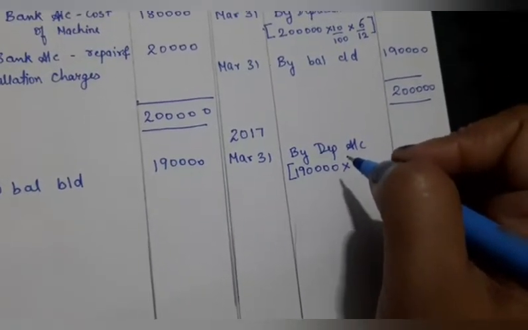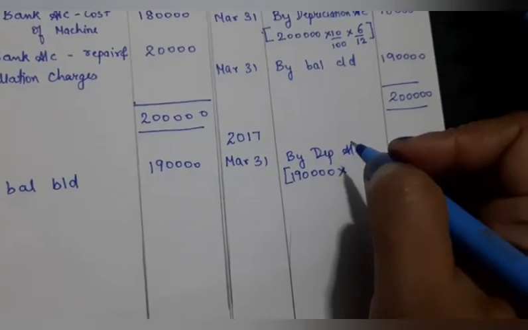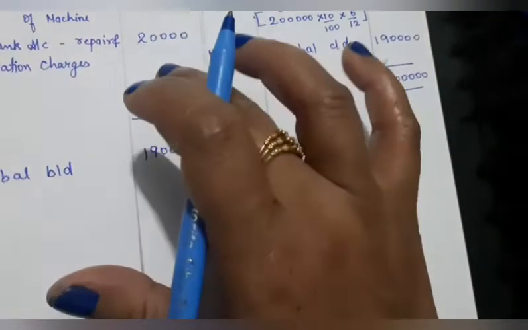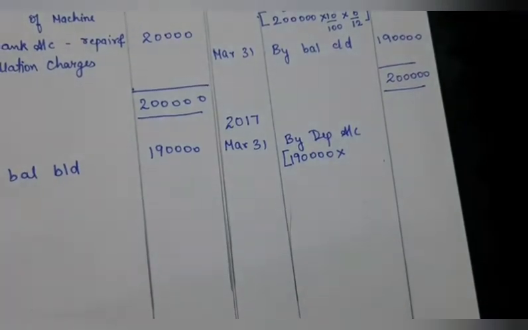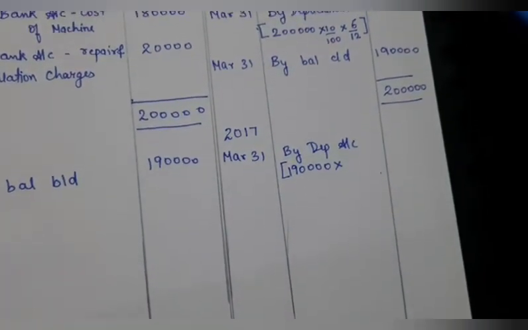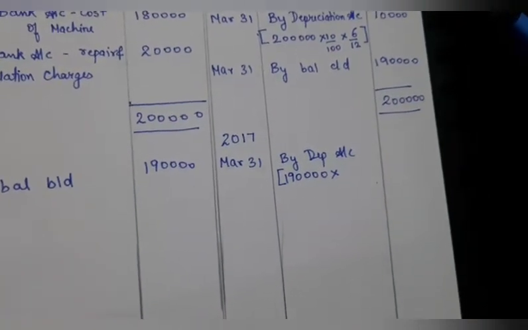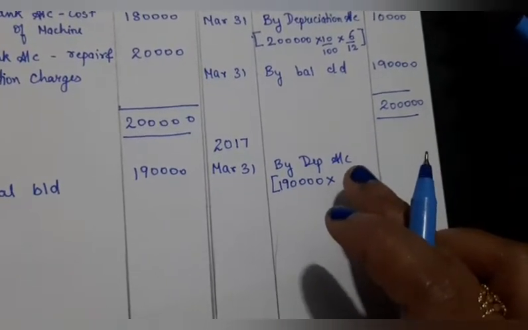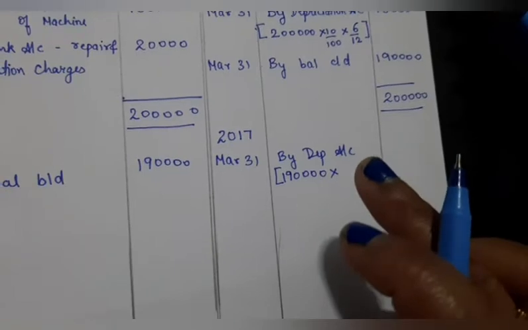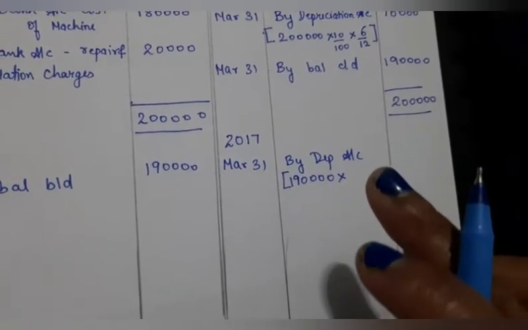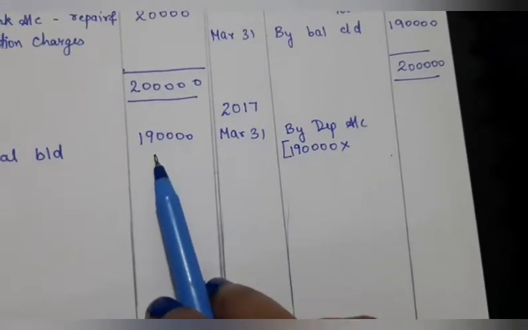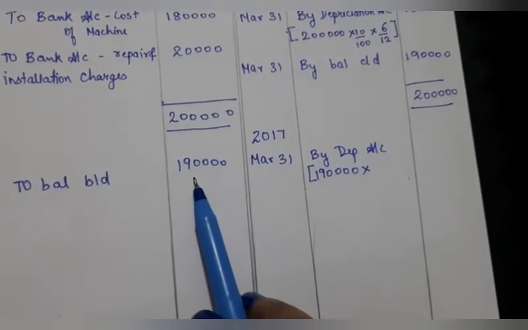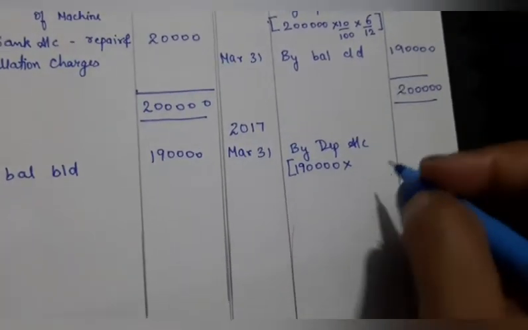In the fixed or SLM method, what we used to do is charge the same depreciation every year on the cost of machinery, with the same rate of depreciation.